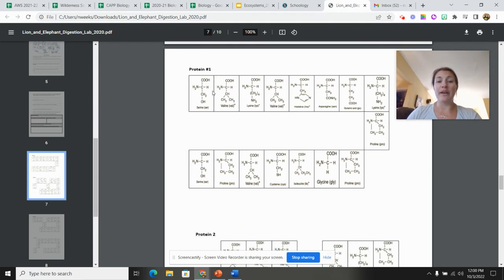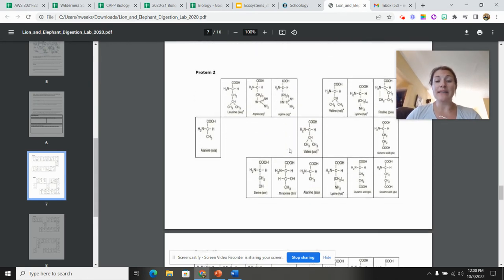So this would be one break, two, three, four, five, six, seven, 8, 9, 10, 11, 12, 13, 14, 15. So protein number 1 has 15 cuts that need to be made in order for this protein to be fully digested. And if you notice, each of these proteins have different shapes.